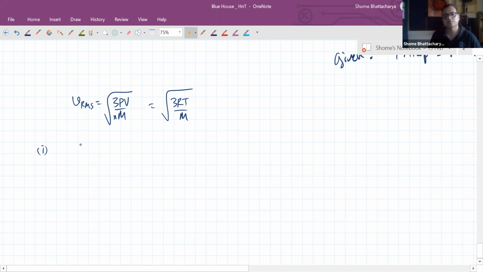So for the first part, VRMS for chamber A to VRMS for chamber B is the square root of TA by TB into molar mass of B, which is oxygen, by molar mass of A, which is helium.